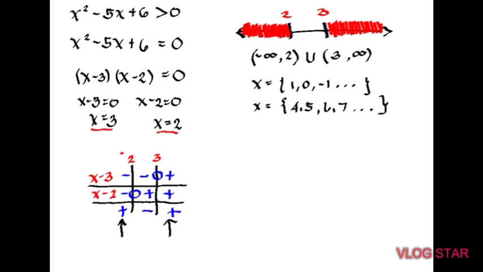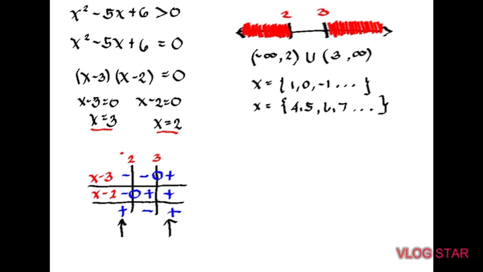So 4, 5, 6, 7, 8, 9, 10, and so on and so forth. Alright, so the solutions for this quadratic inequality are an infinite number, where the numbers between 2 and 3 are excluded.